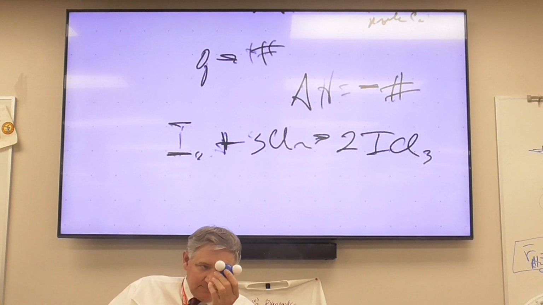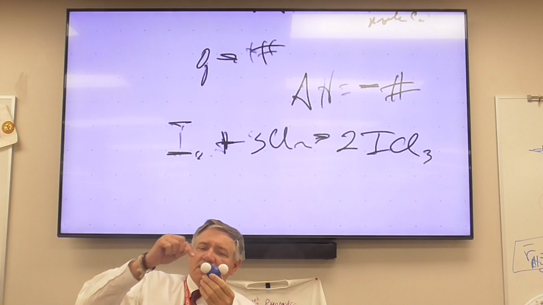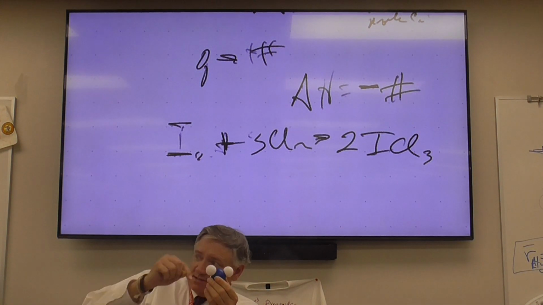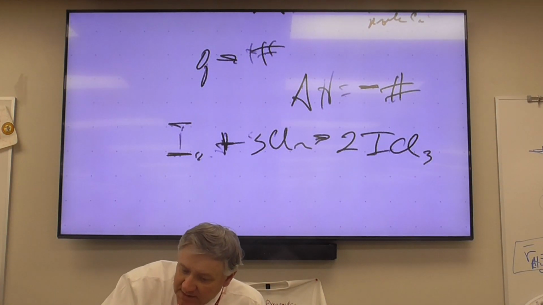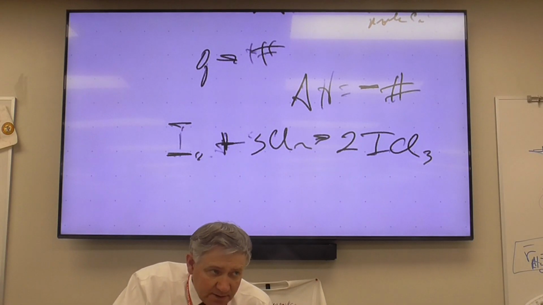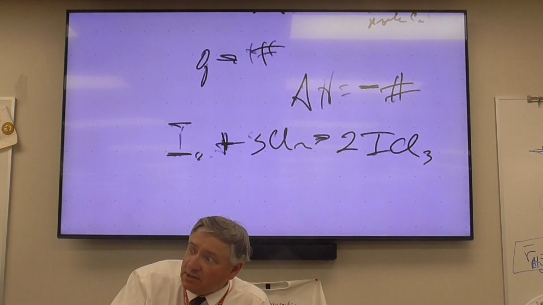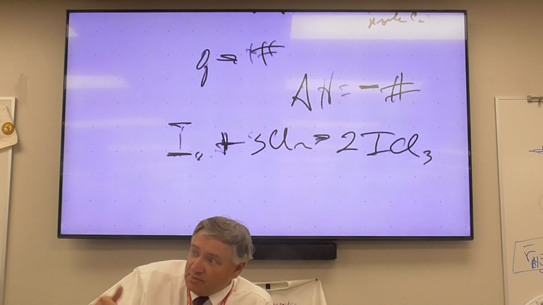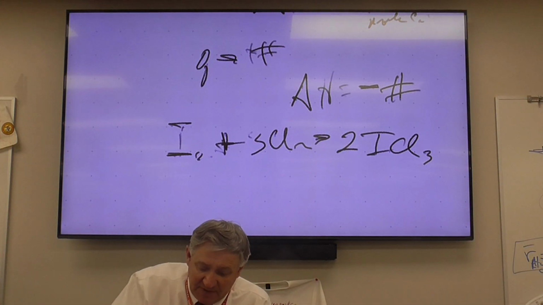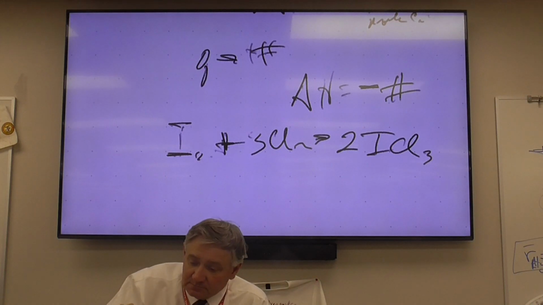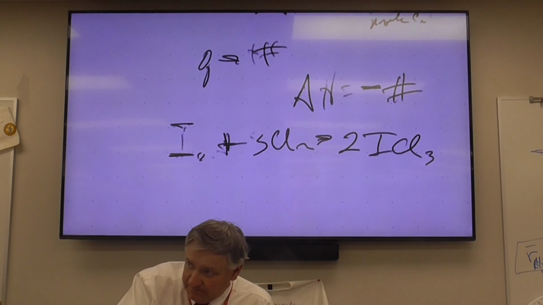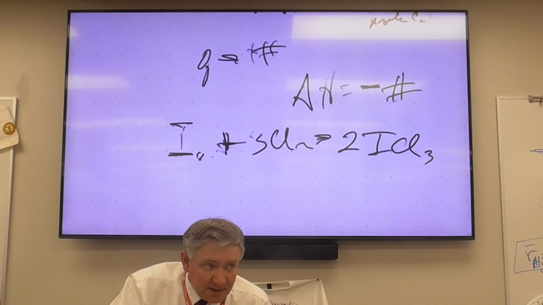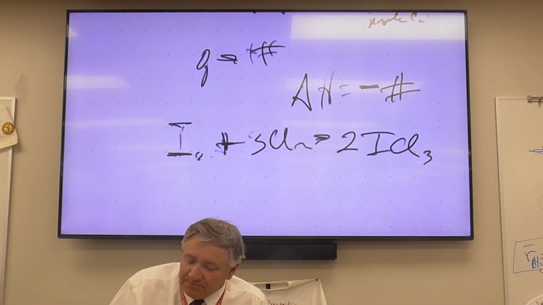So each one of these is a bond, and each bond is going to involve 210 kilojoules of energy per mole. So with that one, you need to take into account the fact that you're forming 3 bonds. Each one is 210, okay?